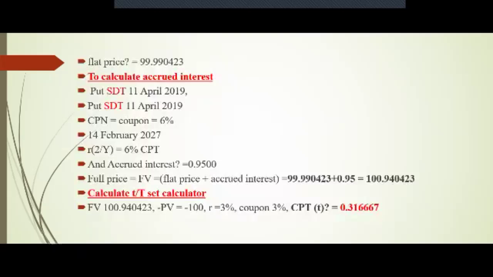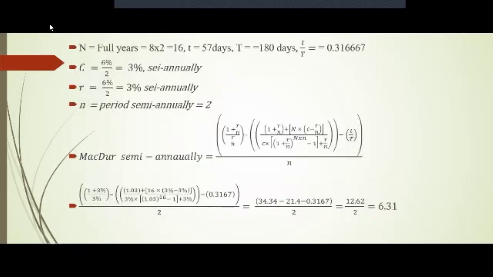We use all these figures to calculate Macaulay duration. So we got N, which is 16 periods, t is 57 days, and capital T is 180 days. When we divide it, we get 0.317.